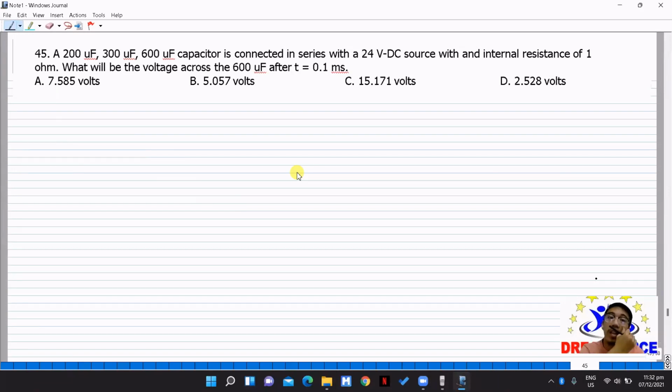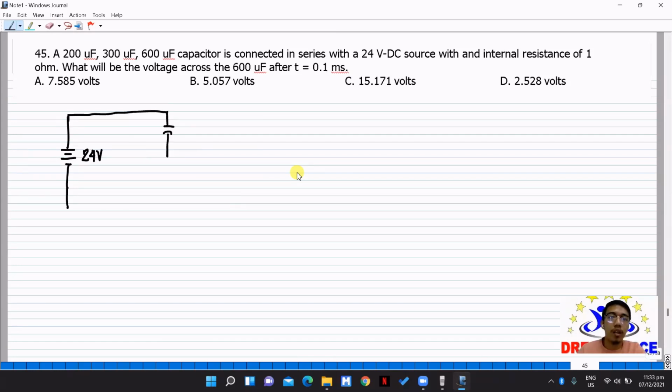So a 200 microfarad, 300 microfarad, and 600 microfarad capacitor is connected in series with a 24 volts DC source with an internal resistance of 1 ohm. What will be the voltage across the 600 microfarad capacitor after t equals 0.1 millisecond? Paano ba ito? So meron daw tayo tatlong capacitor connected in series with a 24 volts DC source. Ayan.